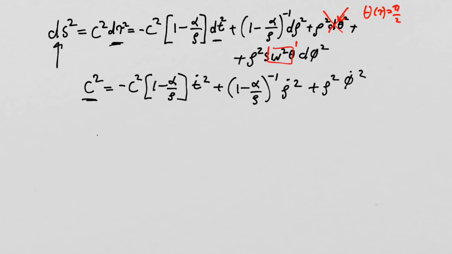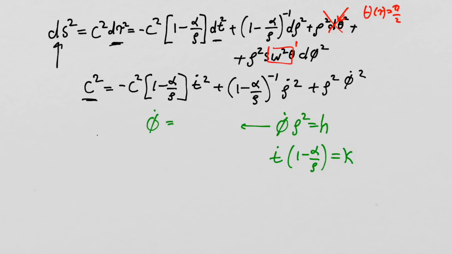So now with this we start seeing the power of the constants of the motion. Here are the two constants of the motion. This first one implies that phi dot equals h rho to the minus 2, and therefore phi dot squared is h squared rho to the minus 4.